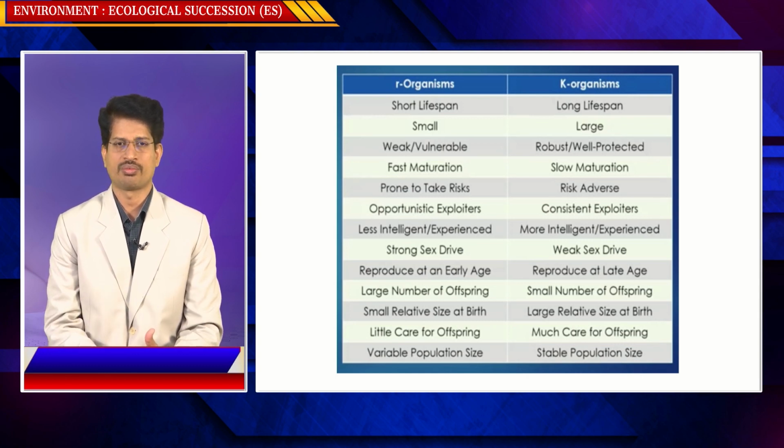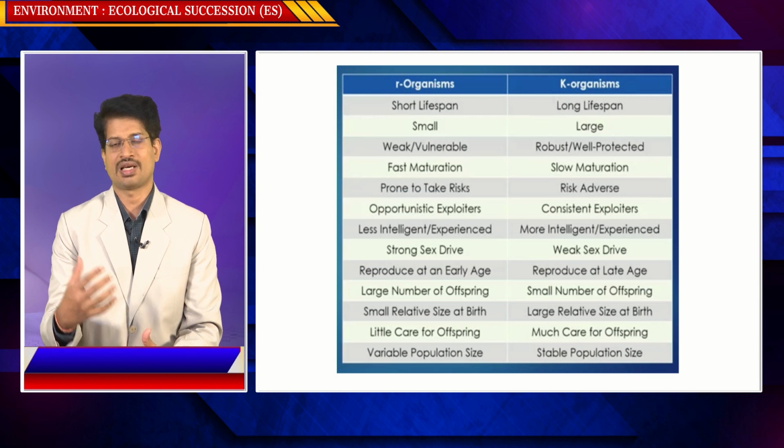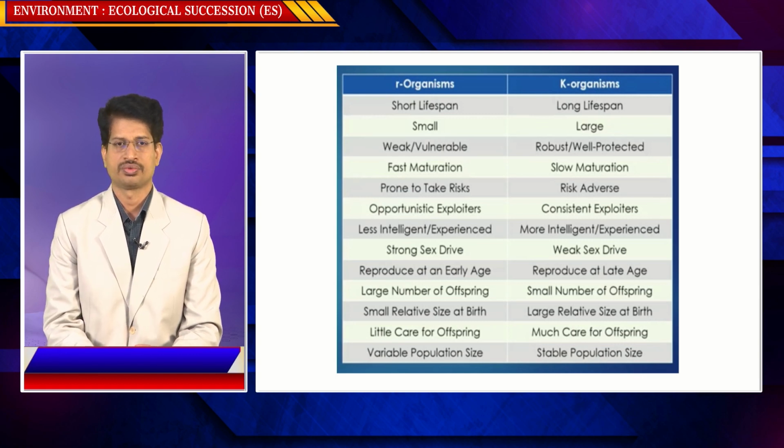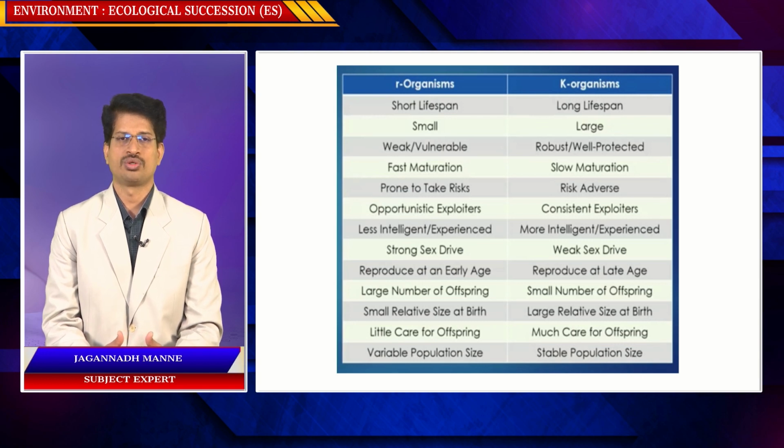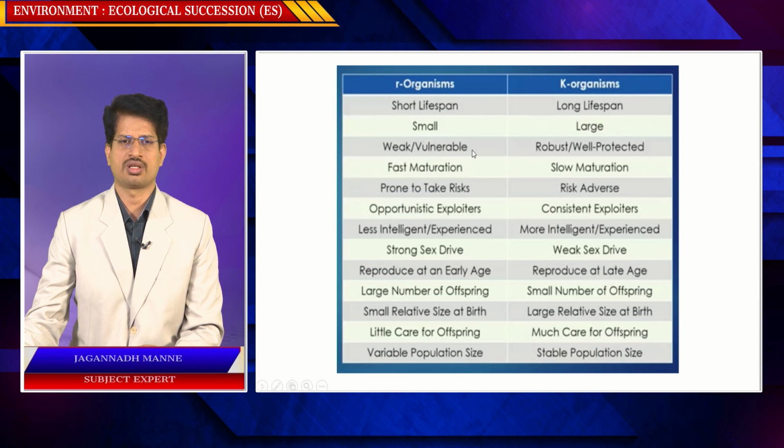Some are very small like mosquitoes and microorganisms, some are very large like elephants. Some mature very fast to reproduce, some take a long time to mature. Some have a strong sex drive, some weak, some have a large number of offspring, some a small number.